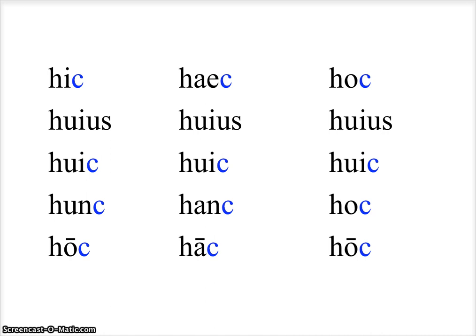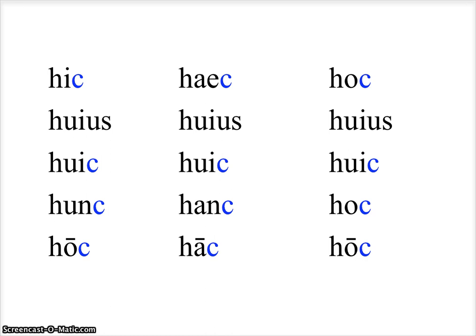In the accusative masculine singular, hunc, and accusative feminine singular, hanc, you can kind of see how that M sound you would expect there, as in animum, has been transformed into an N by the influence of the C. Hum is more difficult to say than hunc.